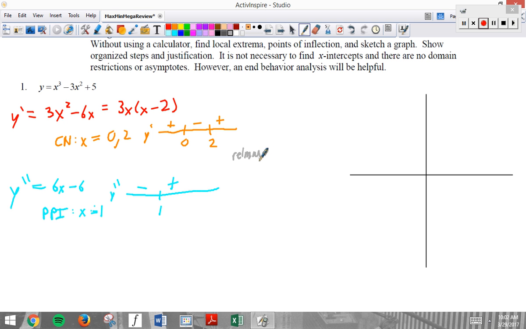Rel max will be 0, 5, plugging into the original function. Rel min at 2, 8 minus 12, negative 4, (2, -4). Inflection at (1, -3).